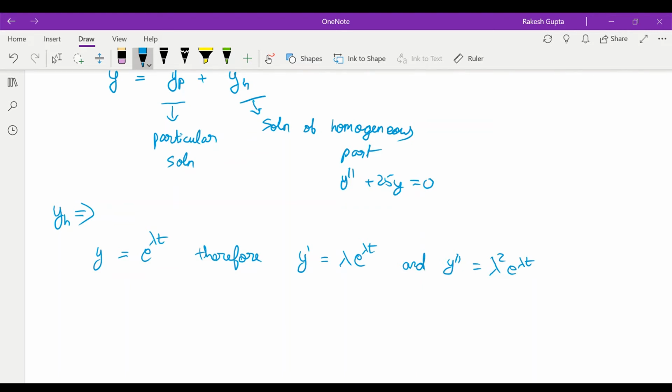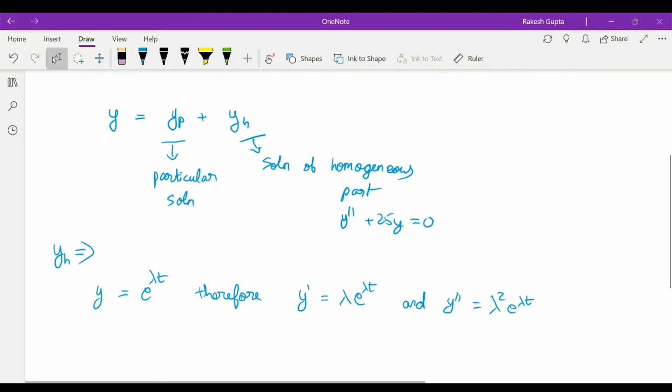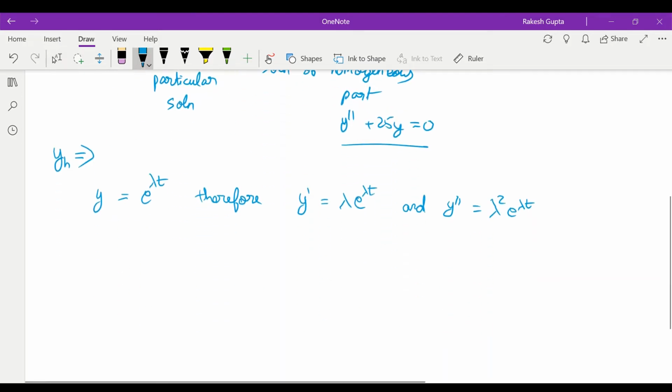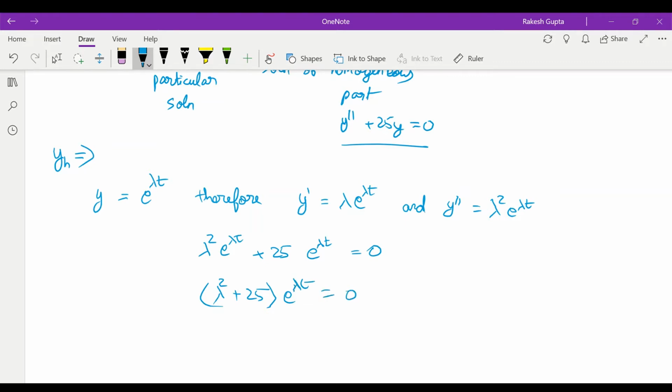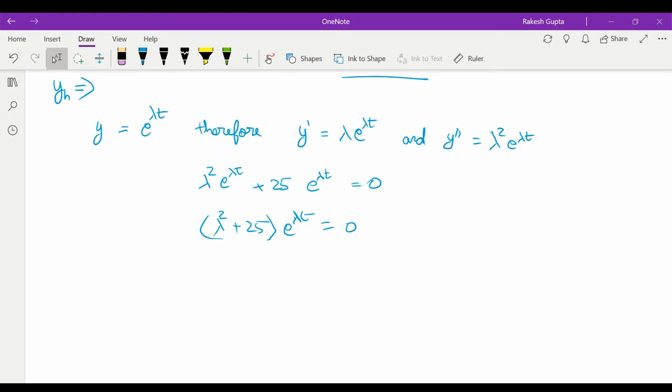When we substitute these values in the homogeneous part, we get the equation equal to 0. As e power lambda t, an exponential function, cannot be 0, therefore lambda square plus 25 is equal to 0.